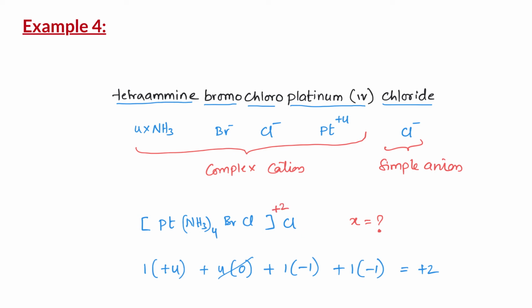And to maintain the charge neutrality, we need to have 2 chloride ions. Therefore, the final formula is square bracket Pt(NH3)4BrCl, the end of square bracket, followed by Cl2. Let us do one last example.